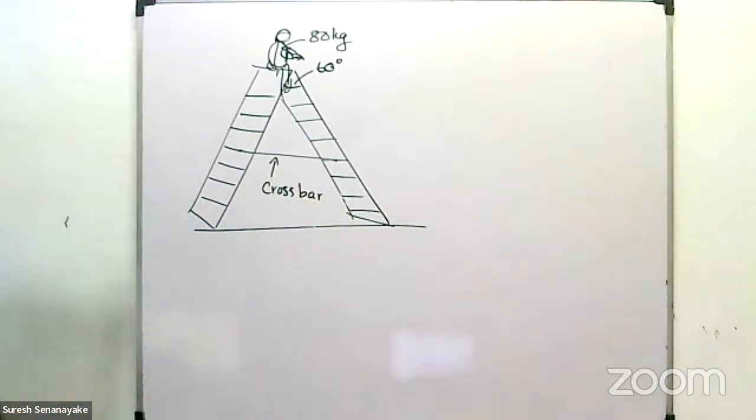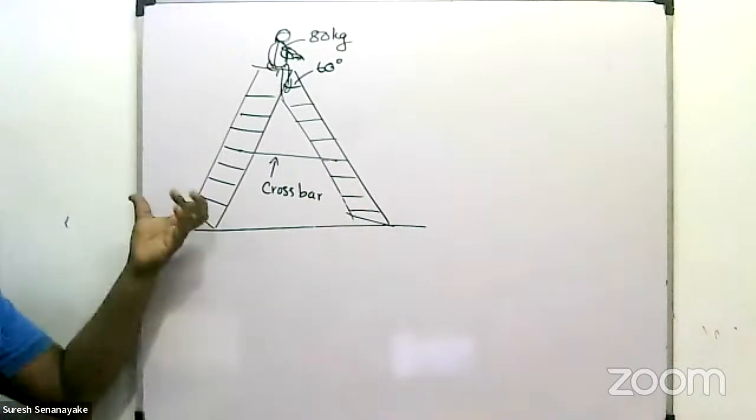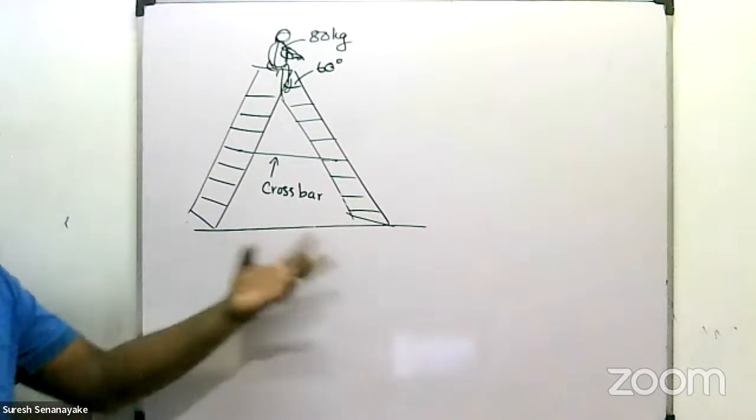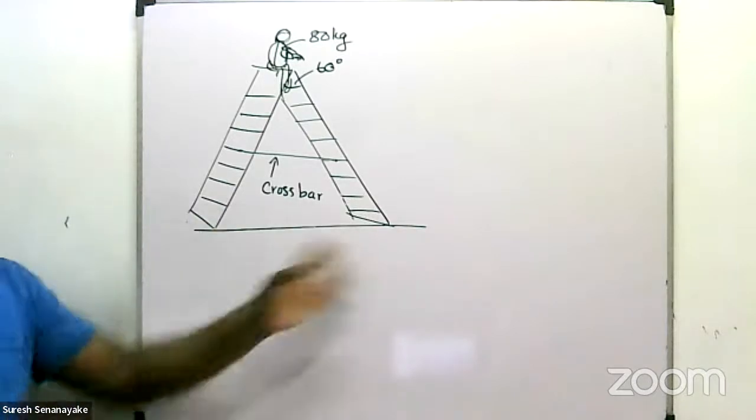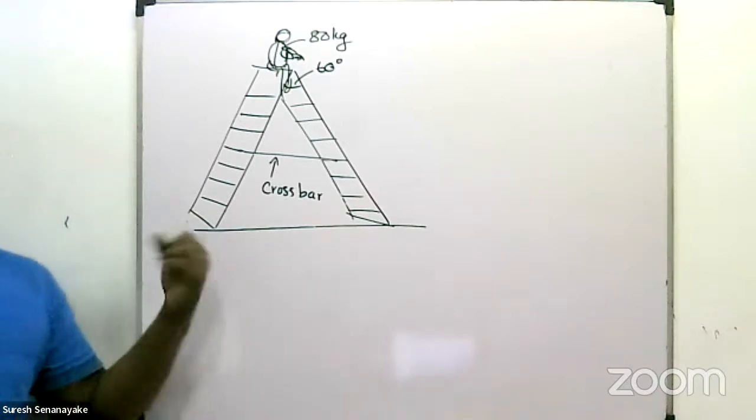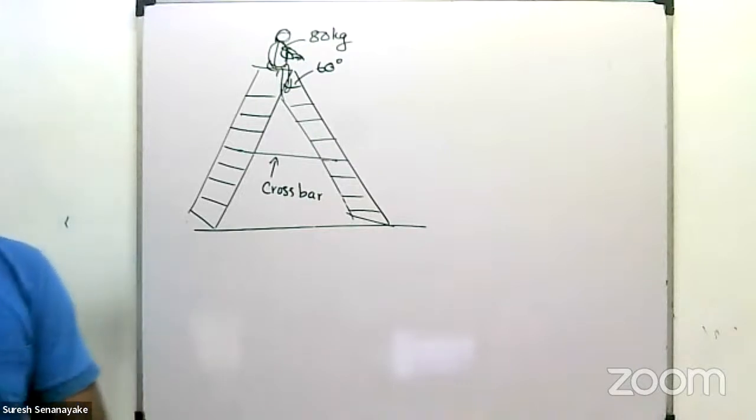Contact force means the frictional reaction as a result of that. It's better to draw the free body diagram for this one, half and half. Then it is easy to take moments for equilibrium, and the resultant should also be equal to 0.